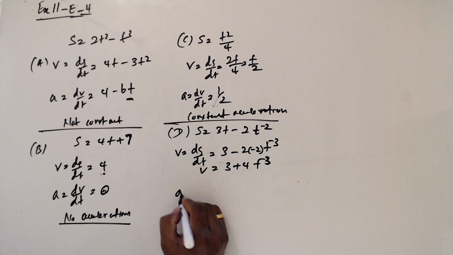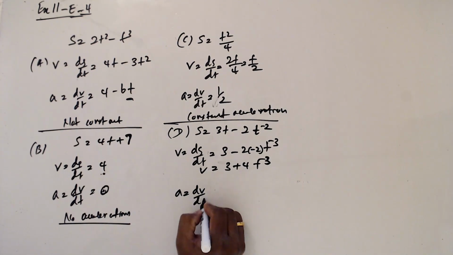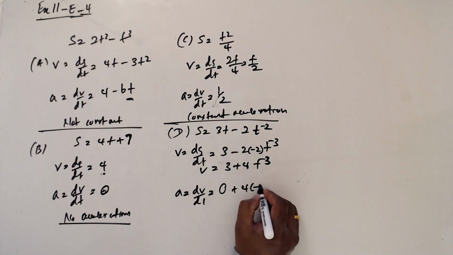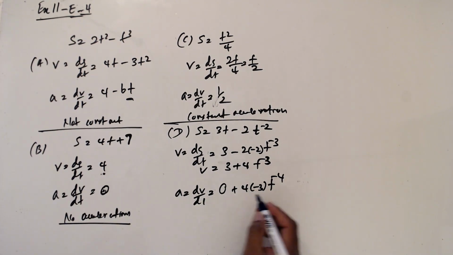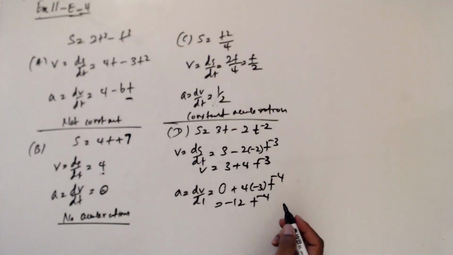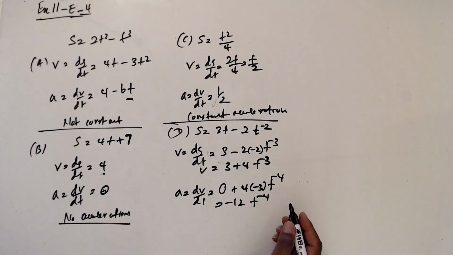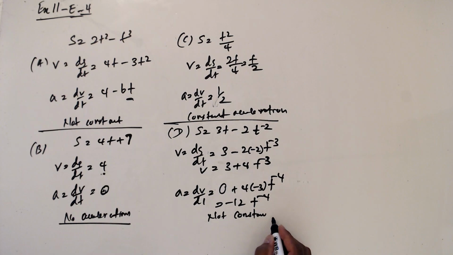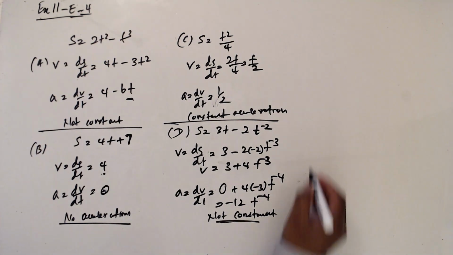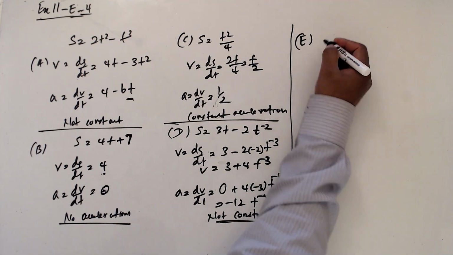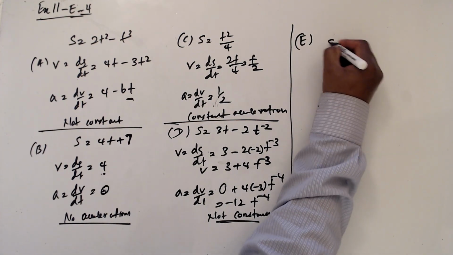So we'll find a equals dv over dt. So this is going to be 0 times 4 times minus 3 t minus 4. This is going to be minus 12 t minus 4. So this is not constant. And then the last one, s equals 6.